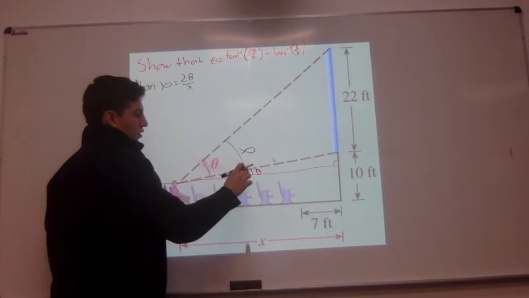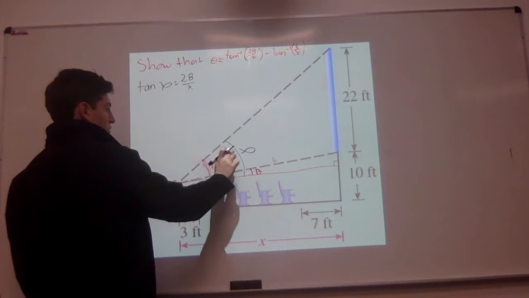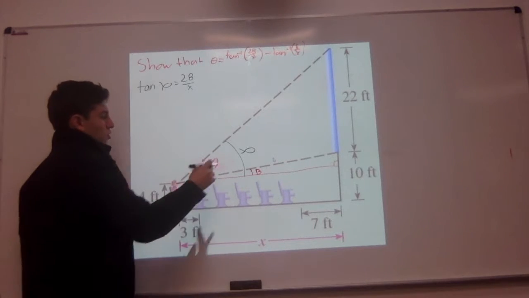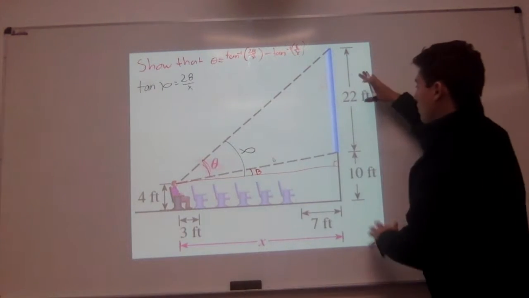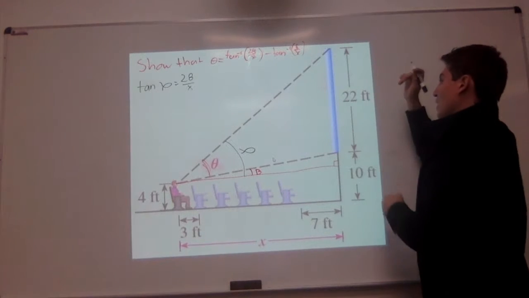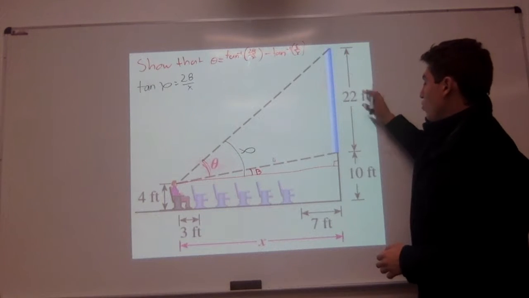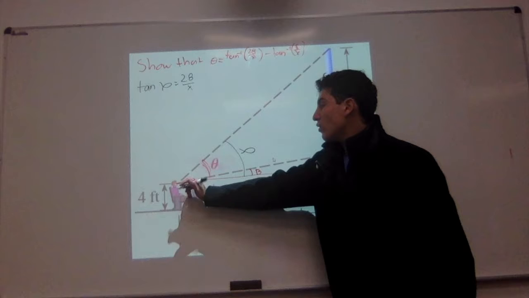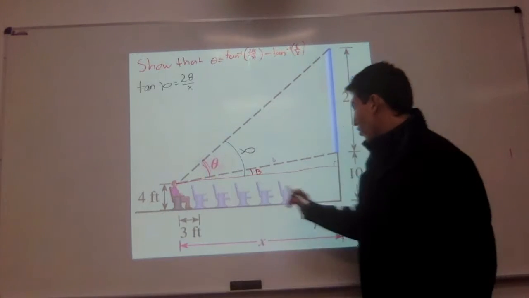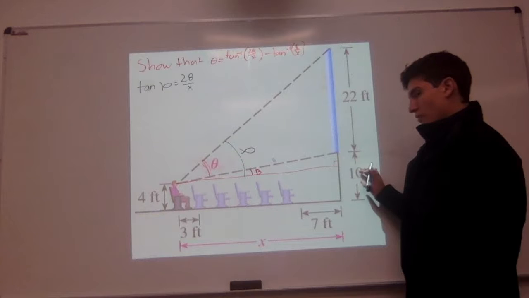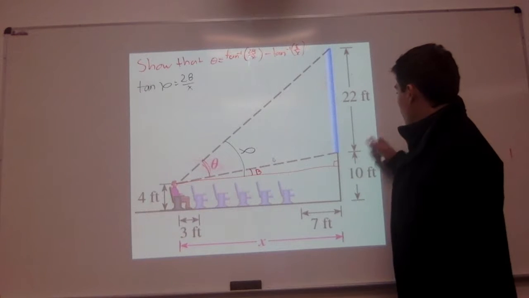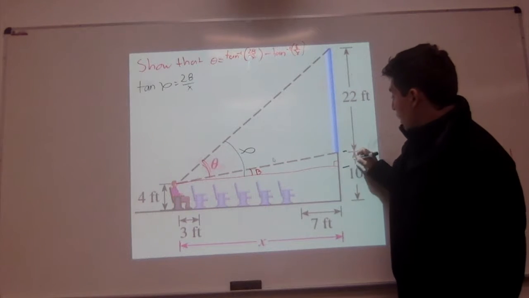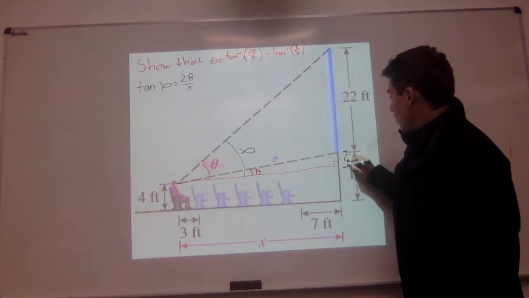We can solve for this. Tangent is opposite over adjacent. So opposite is this, and if this is 22, it's 28 in that case. The height of this is 4, and in this case is 10. So 10 minus 4 is equal to 6. So this section is 6 feet.